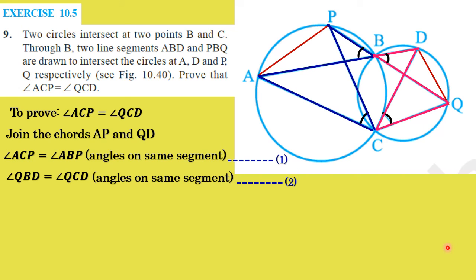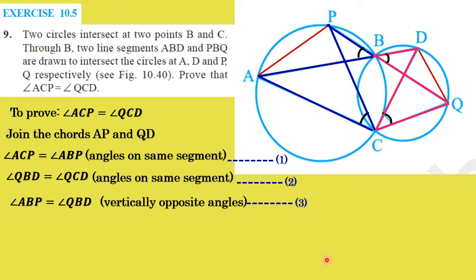Is it? So, now, look at these two angles. Angle ABP and QBD. These two angles are looking at each other. They are equal. Why? Vertically opposite angles. Now you look into these three statements carefully.